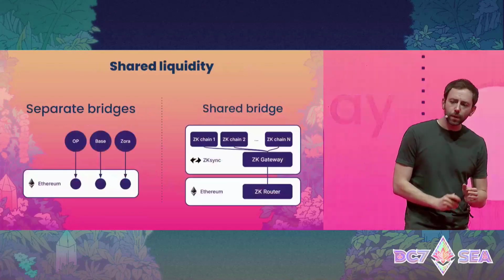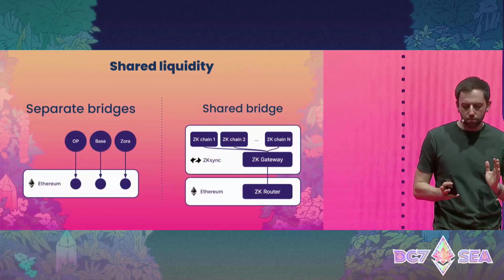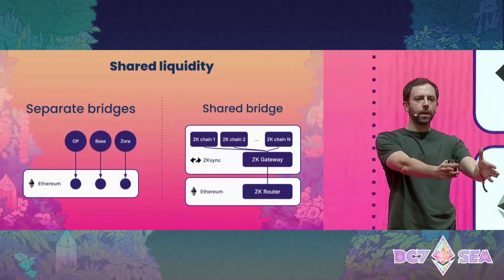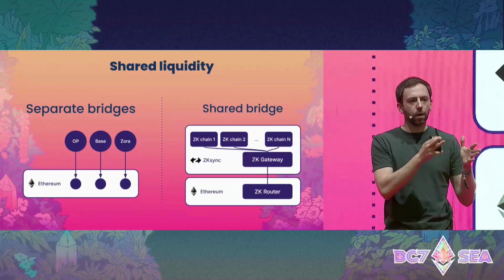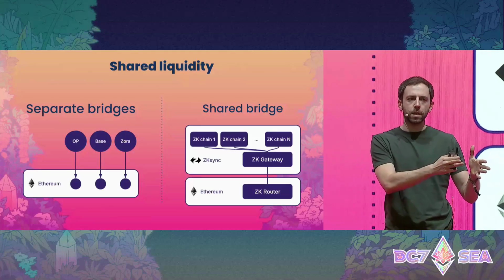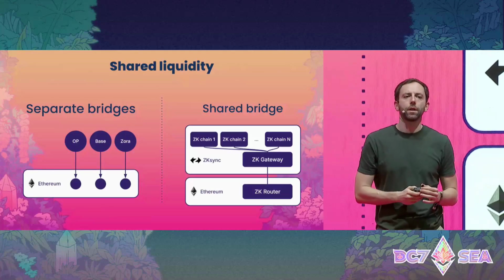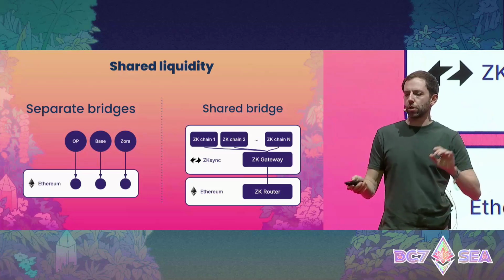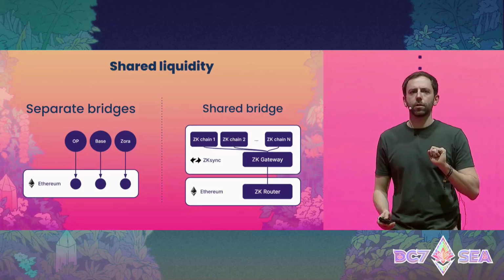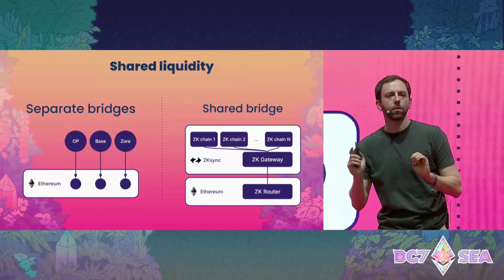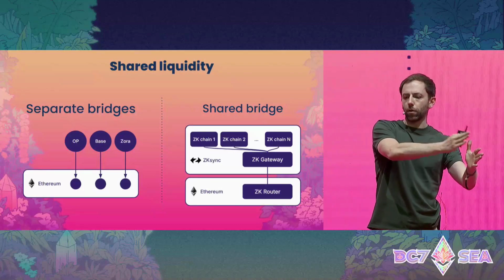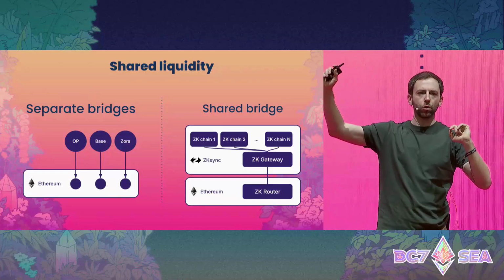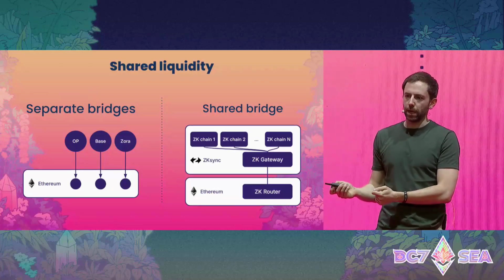Now, let's explore each of them in detail, and see what trade-offs we have and how we can actually build that. Shared liquidity, we have two approaches for this. One is each chain can maintain the liquidity locked into their TVL that is currently managed by a smart contract on Ethereum, the bridgehead that is deployed on layer 1. We can keep them separate and then coordinate. If you imagine OP mainnet has 100 ETH total liquidity, and then Base has 100 ETH total liquidity, and then you move all of this liquidity from OP to Base through the native messaging interop, and you own it on your account, you obviously cannot withdraw it from Base, right?